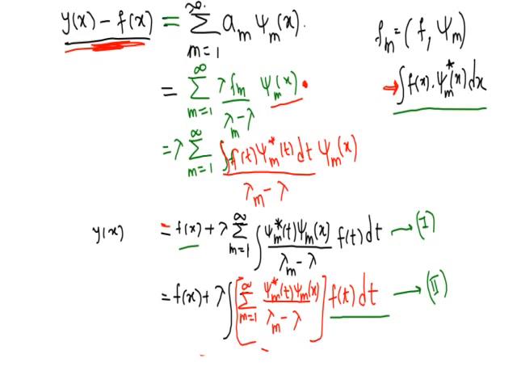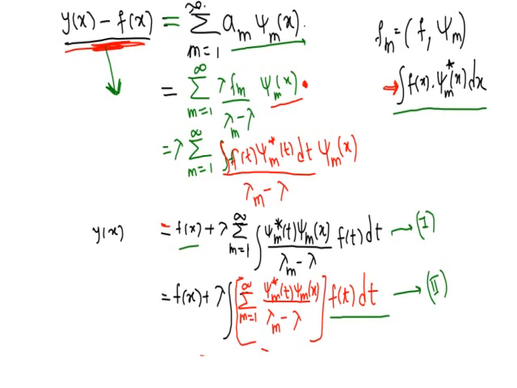When we started with the Hilbert-Schmidt theorem, it said that if we can write this particular function f of x, in our case this function y of x minus f of x, in terms of this series, then it is the series which is uniformly and absolutely convergent. Therefore this series is uniformly absolutely convergent, and I am allowed to interchange the order of summation and integral sign.